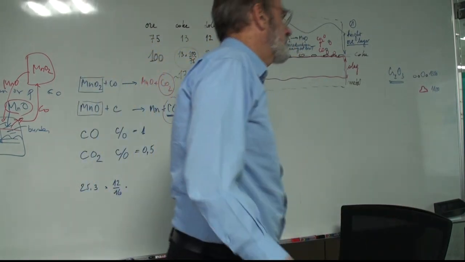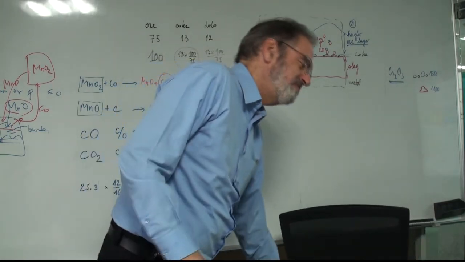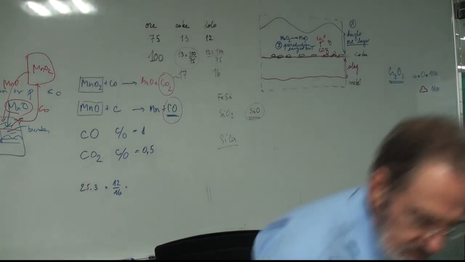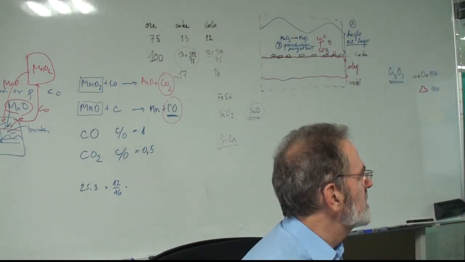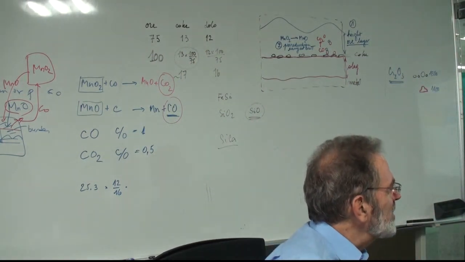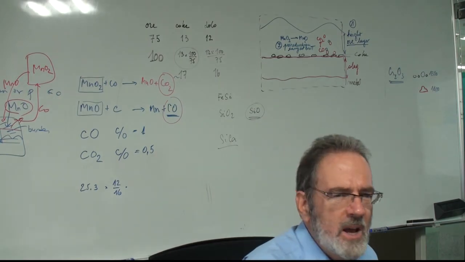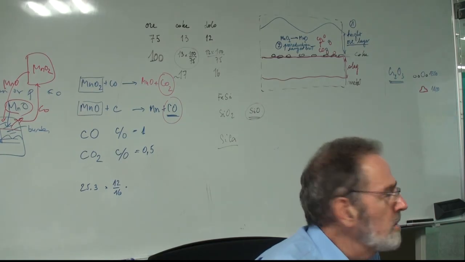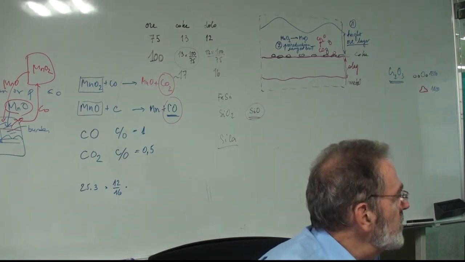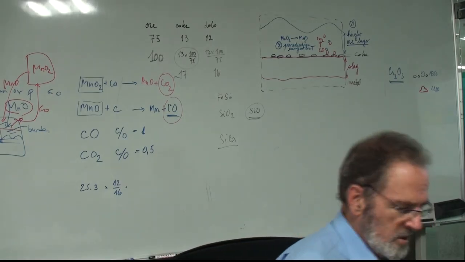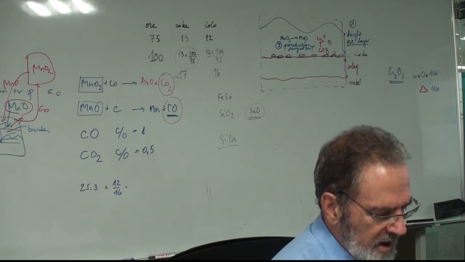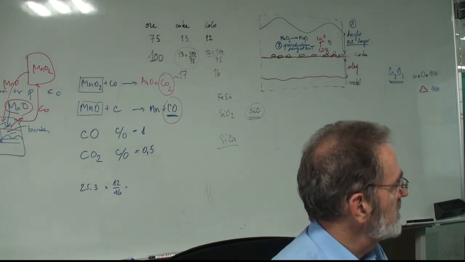Maybe the coke includes more carbon, but not more than this. Okay, 90% carbon is not possible in the coke. And then we can say, what if we have the best use of carbon possible? This is 0.5.